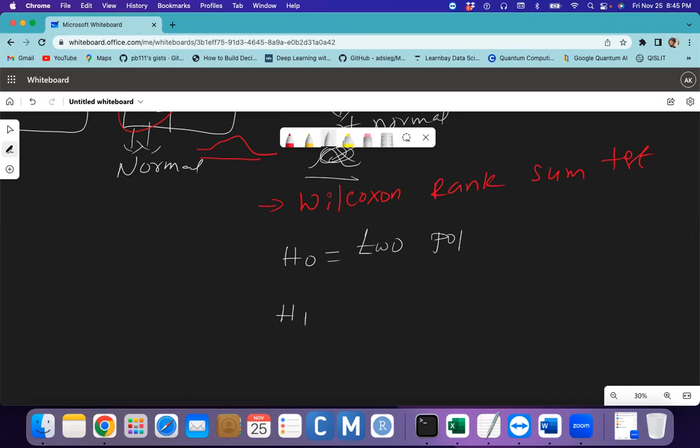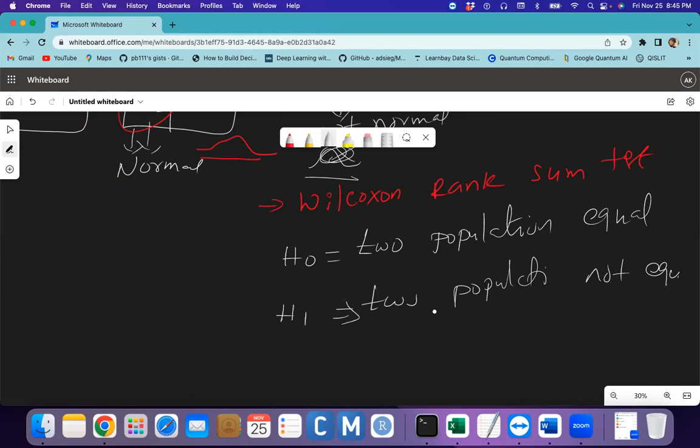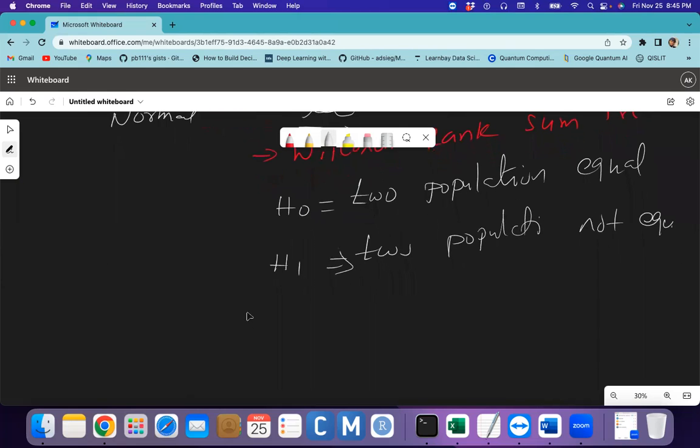The alternate hypothesis is that the two populations are not equal. Then how can we derive the result? Based upon the ranks.